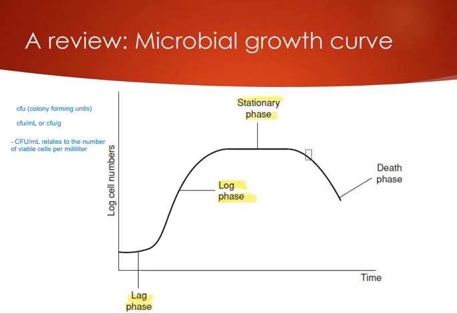So eventually, during the stationary phase, the population growth experienced in the log phase will begin to decline as the available nutrients become depleted and waste products start to accumulate. So bacterial cell growth reaches its plateau.